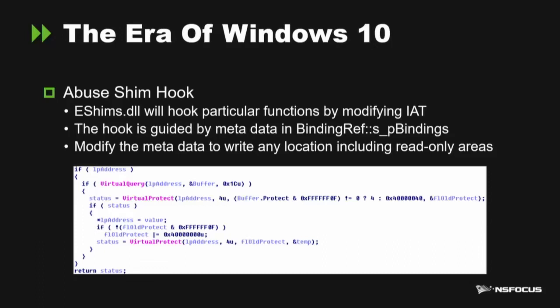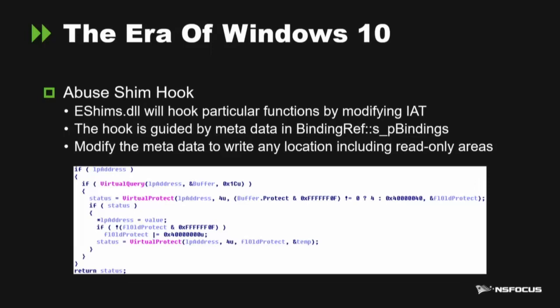It will check the protection of the target memory, make that location writable, modify it, and revert it to the previous protection. So if we can abuse this feature, we can execute any code because you can modify any code page to write your shellcode.